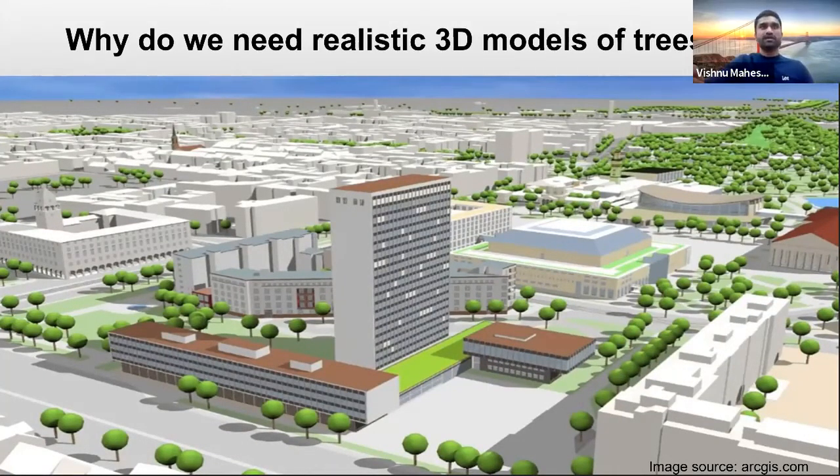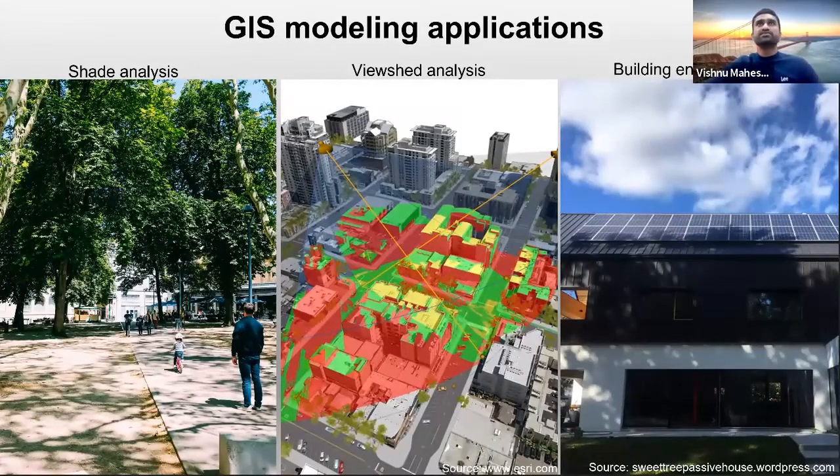Okay, so realistic 3D models are not only useful for applications where realism matters the most, they are useful for many other applications too, like shade analysis or viewshed analysis. Another interesting application is building energy modeling. Shades cast over building facades may either increase or decrease the energy demand of buildings.